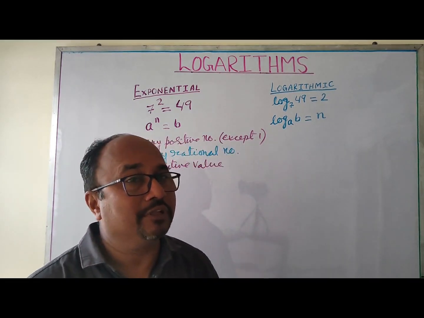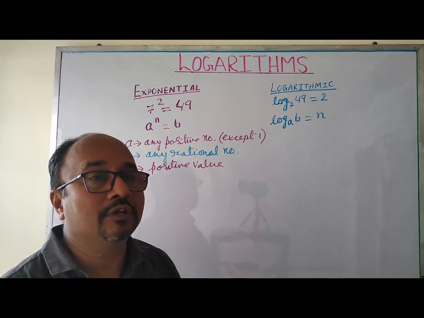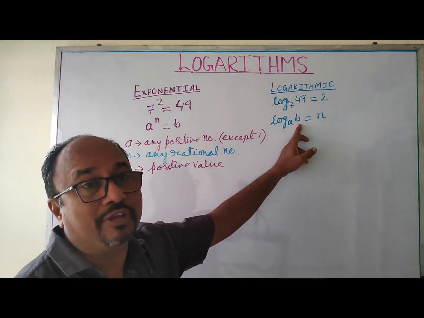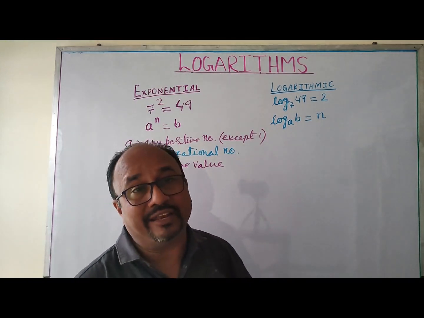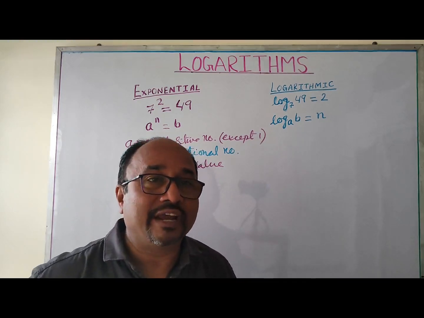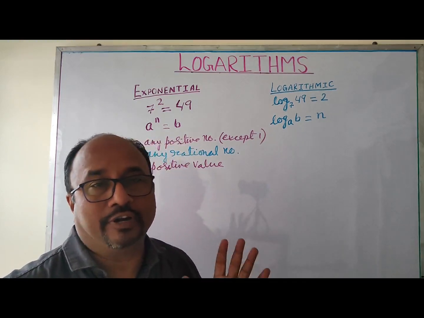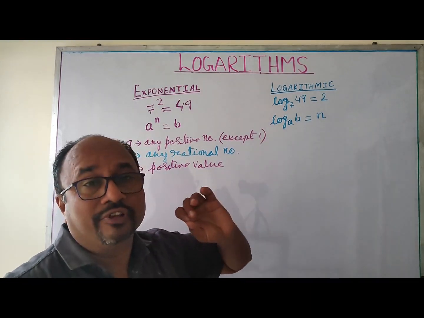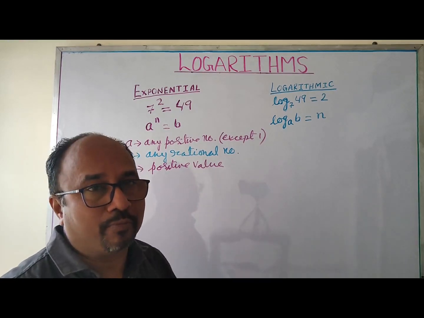You have to remember this, because when we do the sums, a lot of times such answers will come at the place of b, it can be positive, it can be negative. We will have to reject the negative value of it. So you have to remember that log of a negative number will not come.